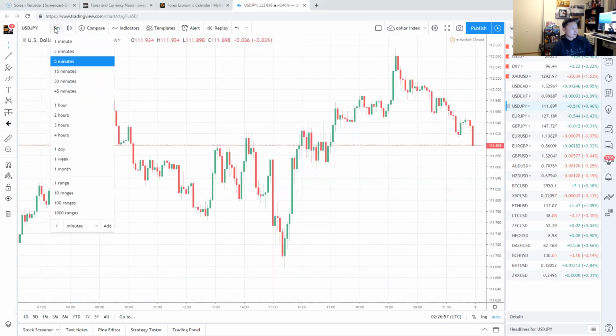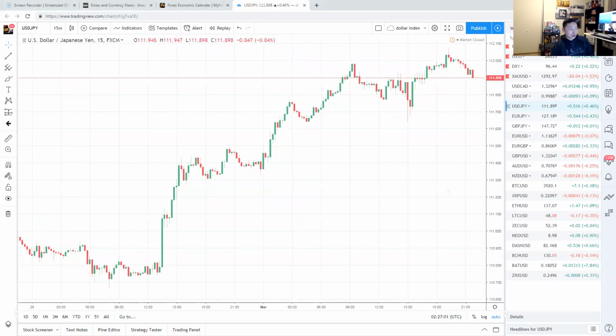Okay. Now I'm going to show you guys the 15-minute chart. If you look at the 15-minute chart, you can see this is the first day of March. First day of March was Friday. And you can see it's been uptrending.